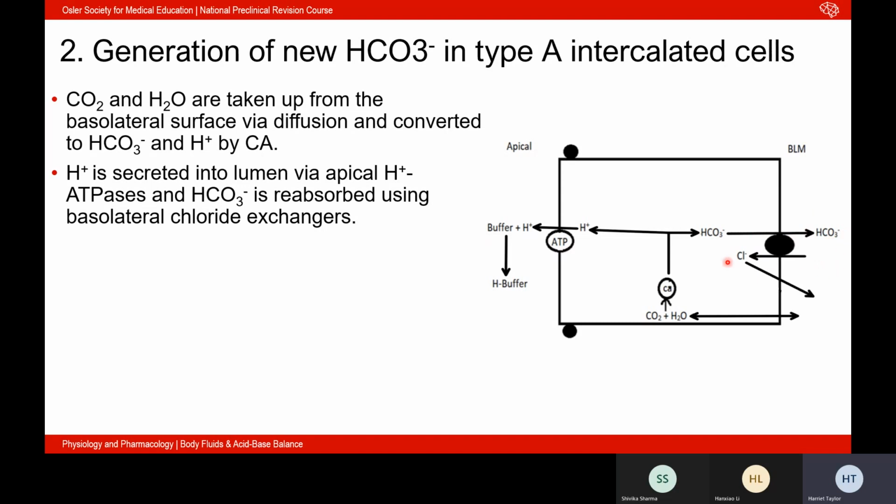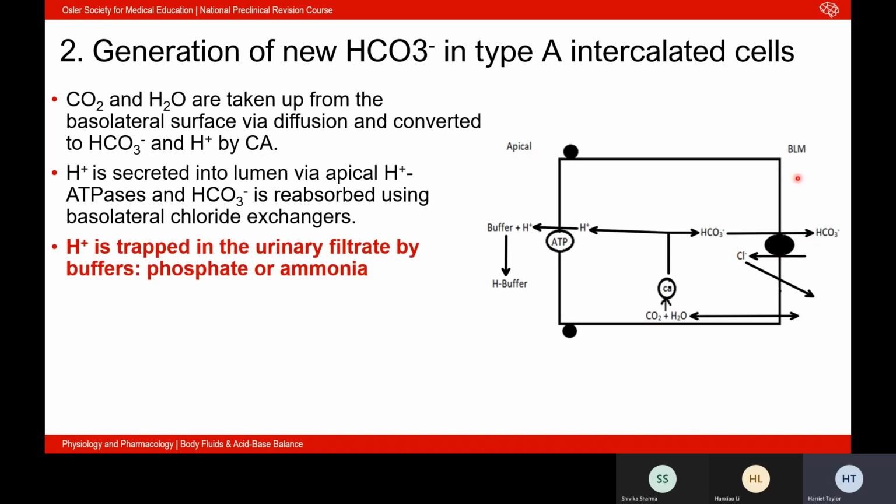And again, we've got this isoelectric exchange, with our chloride ions being exchanged across to make sure we get that equality of the negative charge movement. So yeah, as I said, our hydrogen is trapped in the urine by the buffers. And our buffers can either be phosphate or ammonia. So the phosphate is dietary in origin, so it's quite variable in its availability.